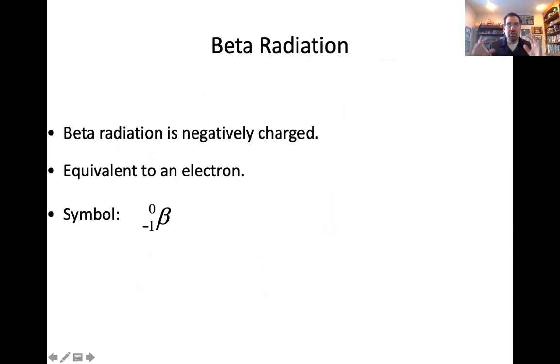All right, so you've got the nucleus of an atom, and beta radiation is like giving off an electron. What's wrong with that idea? Something's not right there. Send me a direct message if you can think of what's not right about an electron being the particle that's given off in beta decay.